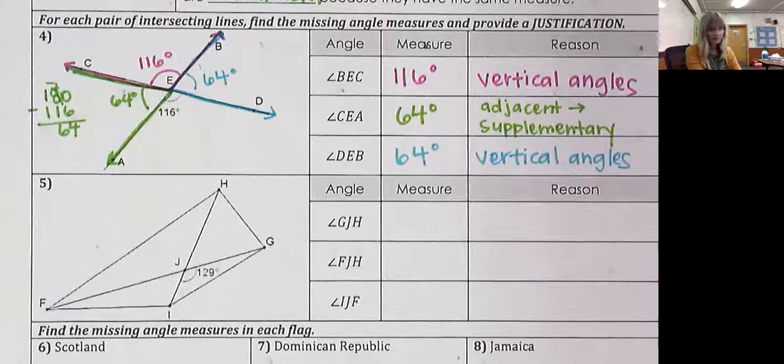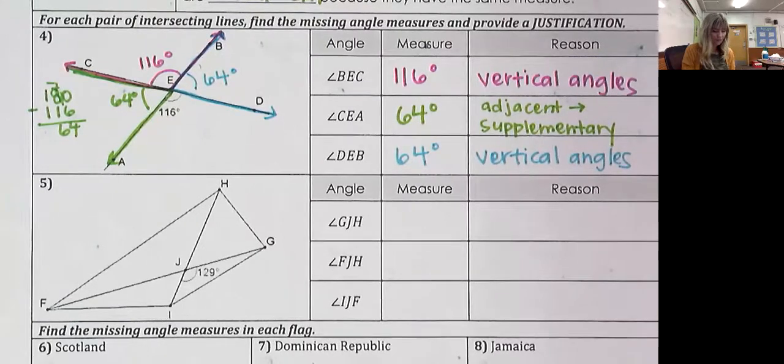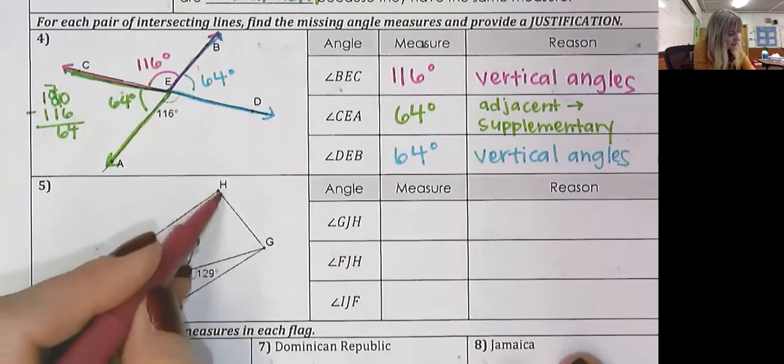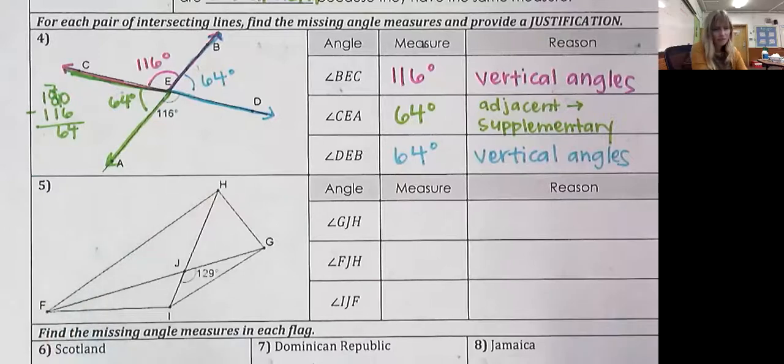Number 5. Okay, I'm going to color code things again because it's easier for us to talk about and see what's going on. First of all, these line segments out here, just pretend for a minute that they're not even there. What if I did a whiteout thing and got rid of them so you guys can see better what we're talking about?